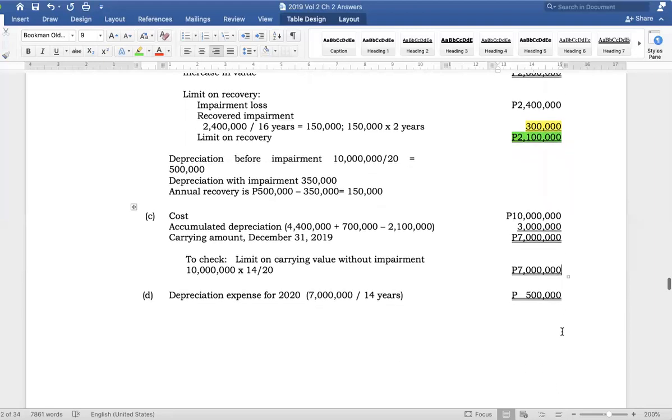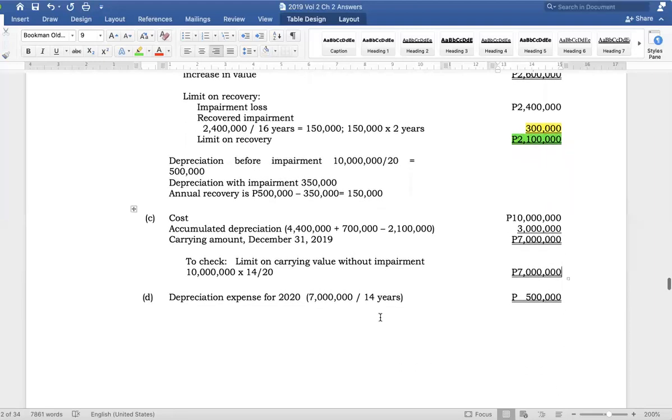So, your depreciation expense for 2020 will now go back to normal. That is based on carrying amount of 7 million divided by remaining useful life of 14 years. So, that's 500,000. So, in effect, bumalik kayo sa normal situation na yung building nyo i-depreciate at 500,000 annually, which is the annual depreciation before recording impairment.